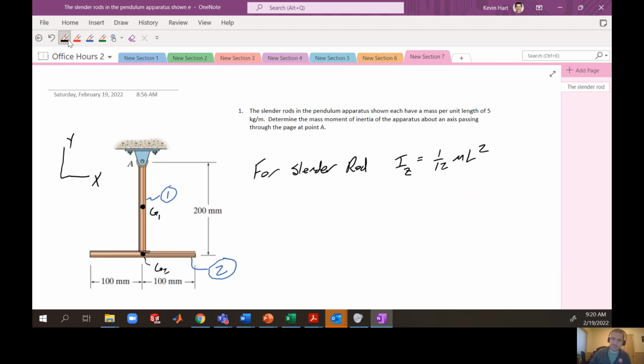And so when you have this setup for these particular problems, you'll want to use the general equation for parallel axis theorem with composite objects.